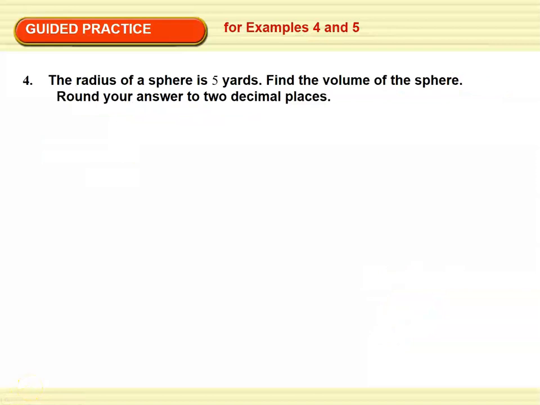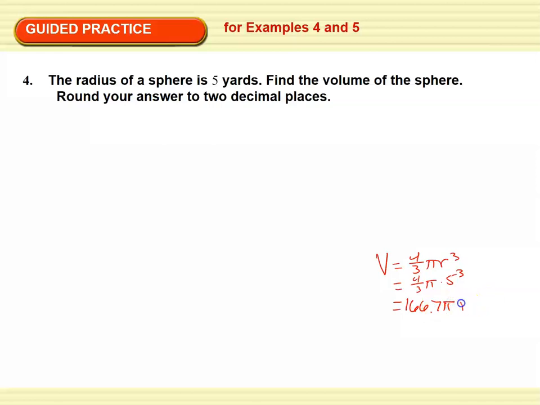All right, the radius of a sphere is 5 yards. Find the volume. So volume equals 4/3 pi r cubed. So 4/3 pi times 5 cubed. That gives you 166.7 pi.